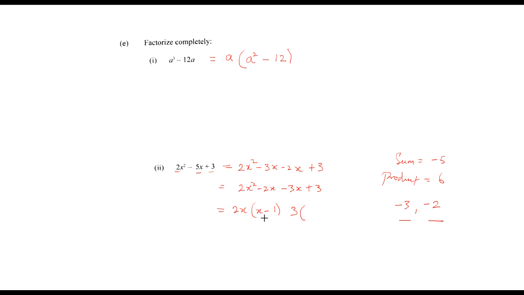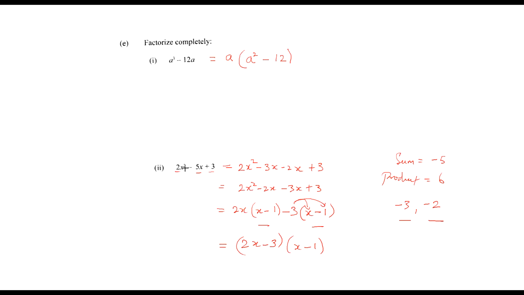Now we are factorizing by grouping, and we know that if we have x minus 1 here, we should have x minus 1 here. So I want to get minus 3x, so I need to put a minus here. So minus 3 by x will give me minus 3x, and minus 3 by 1 will give me minus 3. So we have the same brackets here now, so therefore the final answer will be 2x minus 3 by x minus 1.